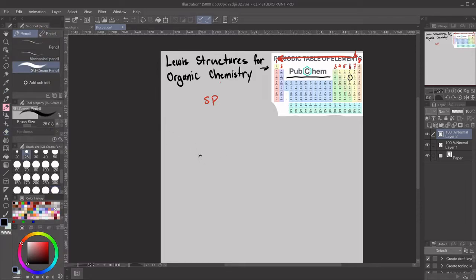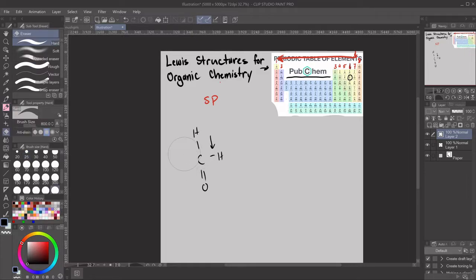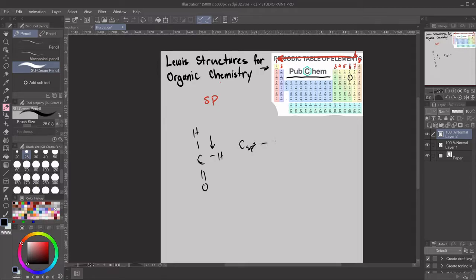So let's take our example from before. If we were to be asked what orbitals make up this bond, you would say, oops, sorry, drew one too many hydrogens there. We would say, okay, so this is going to be a C sp2 and a hydrogen 1s. However, if we look right here with this double bond, this could either be C sp2 or C p.